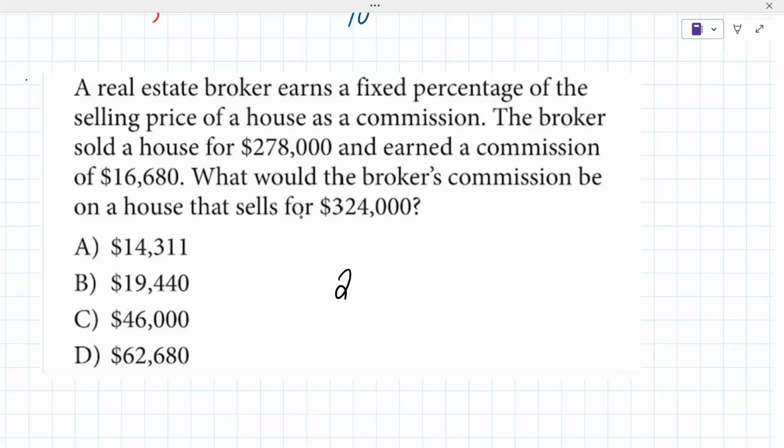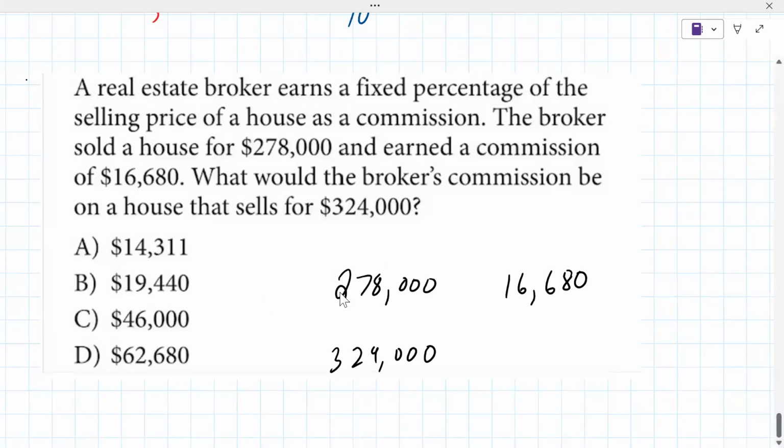One of the things that's good to do is grab the numbers and look at just reasonableness. Like, the commission's obviously more because it's a higher selling house. But C and D are really big.